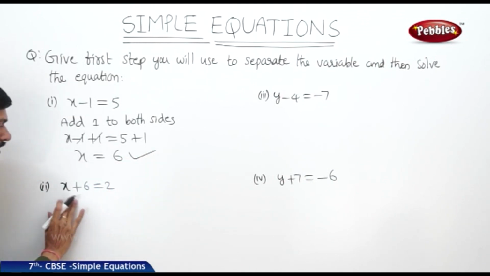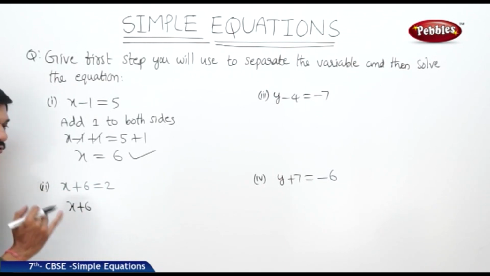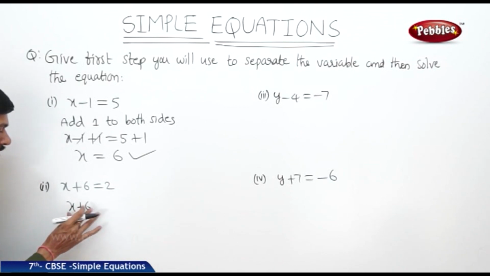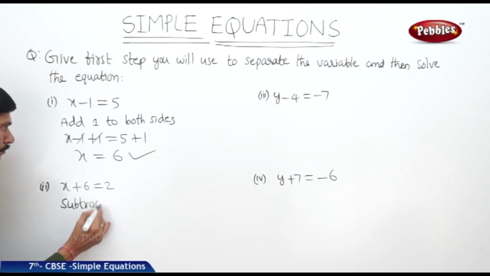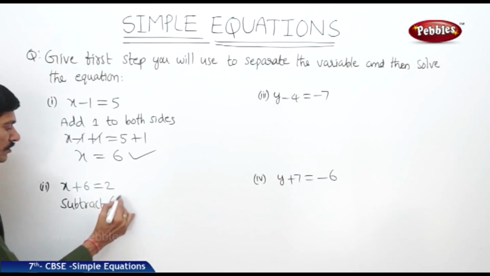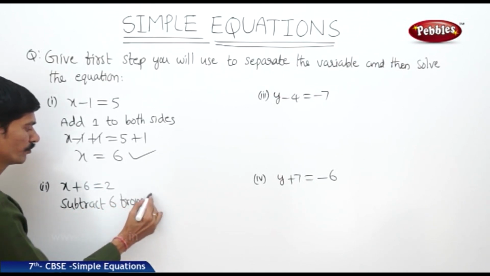Now the second equation, x plus 6 equals to 2. So how to cancel plus 6 in the LHS to separate x? To cancel plus 6, we subtract 6 from both sides. So we write here subtract 6 from both sides.